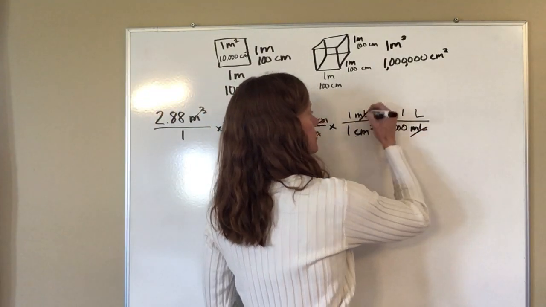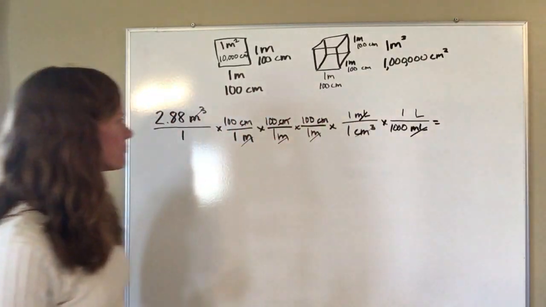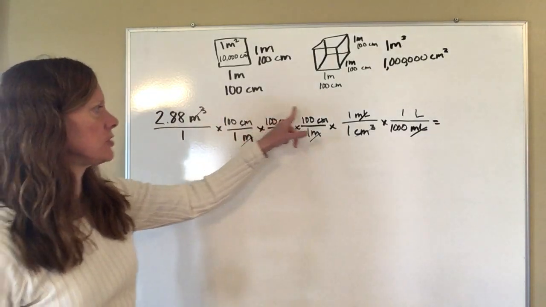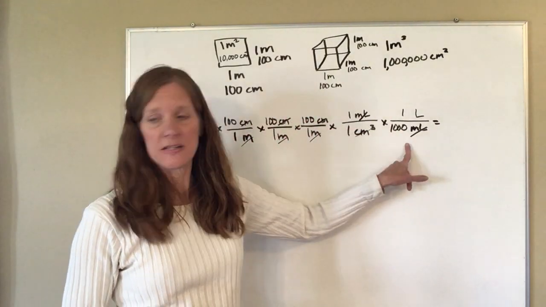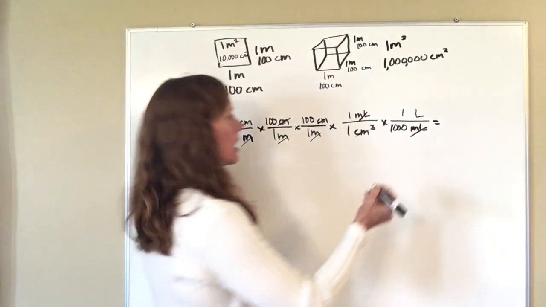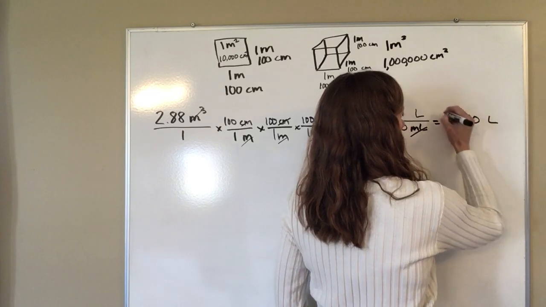So milliliters is going to cancel, and I'm going to be left with liters. So what you've got here is 2.88 times 100 times 100 times 100 divided by 1,000, and so you should end up with 2,880 liters.